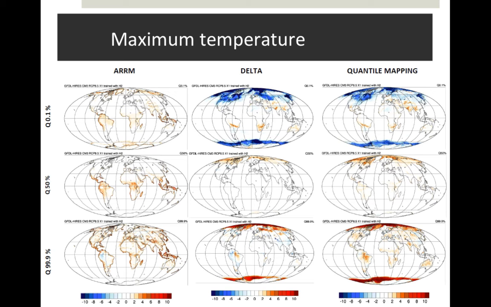So this is looking at the bias at the top in the 1/1000th coldest day of the year. That's pretty extreme, isn't it? The middle is looking at the bias in the median of temperature, and then the bottom is looking at the bias in the 1/1000th hottest day. And so basically, that's the hottest day in almost three years. So what do we see here?